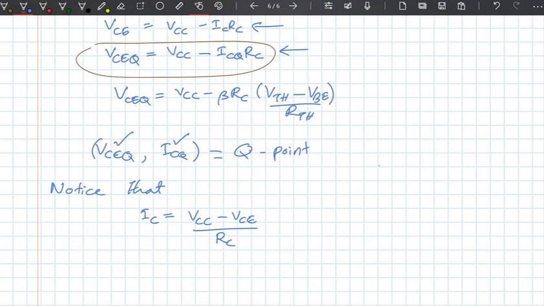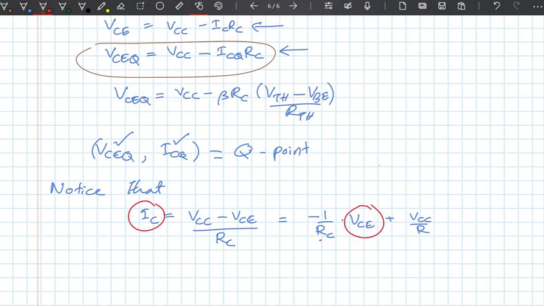So what this ends up being is minus 1 over RC times VCE plus VCC over RC. Now if you carefully look at this, it is just an expression between IC and VCE, and it has a few other terms which are constants.